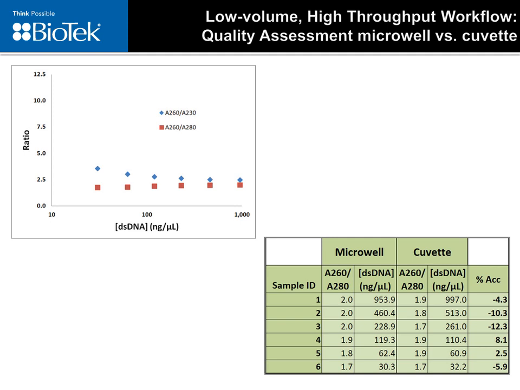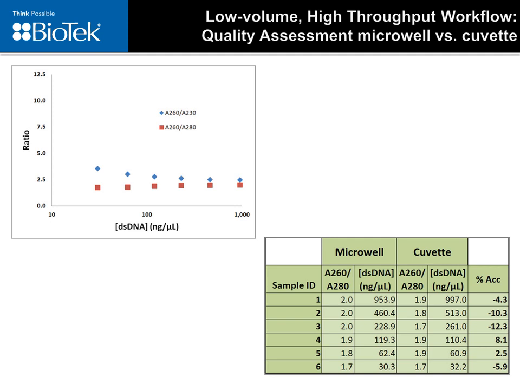So following determination of the minimum sample volume required for analysis, a series of experiments were performed to validate the method. A dilution series of double-stranded DNA was created and quantified via cuvette and the UV Star plate for direct comparison. Quality assessment of the DNA by cuvette was performed using a Shimadzu PharmaSpec, and it revealed that the A260/280 and A260/230 ratios were consistent over much of the dilution series and met the commonly accepted values for purity of nucleic acid, as seen in the table.